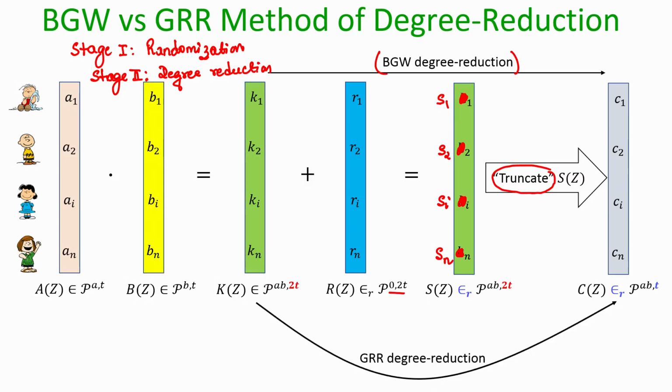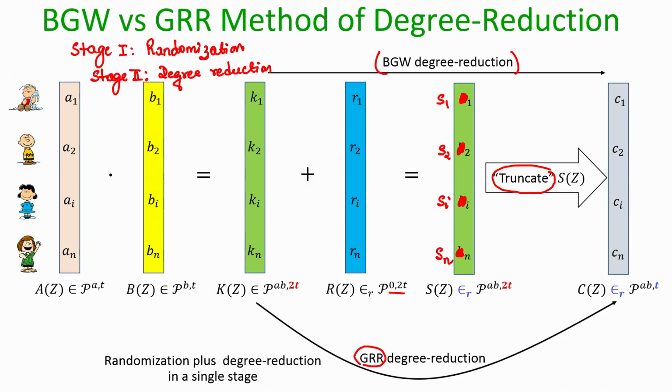Now, what the GRR degree reduction method does is the following: it cleverly combines both these 2 stages in a single stage. Namely, in the same stage it will be doing the randomization plus the degree reduction, and that is why it is more efficient.